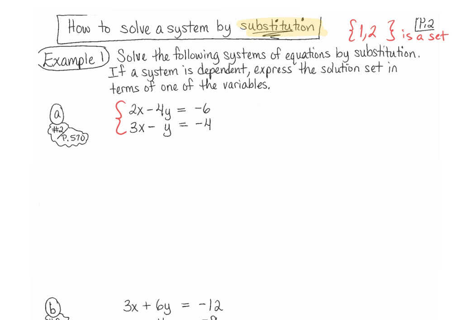Now, when you're solving a system by substitution, you can choose either of the equations. I'll call the equation on top equation 1. Guess what I'm going to call the one underneath? Equation 2. It does not matter whether you choose to solve equation 1 for a variable or equation 2.